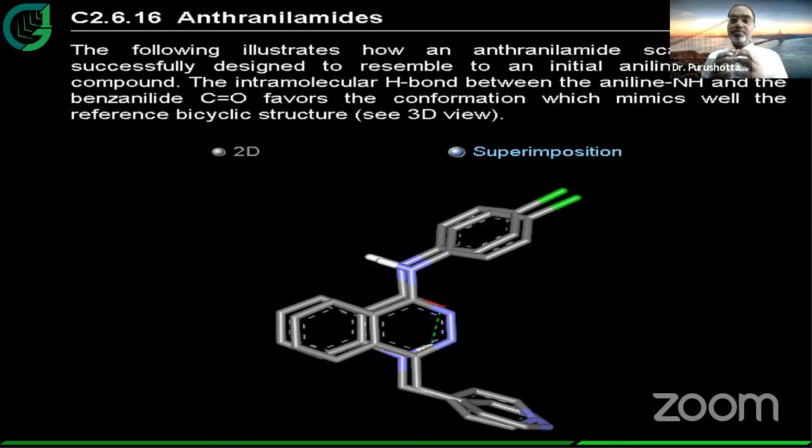Then when you are replacing one bicyclic ring with a completely different scaffold, you are gaining the advantage of discovering a new pharmacophore. Here what is happening is, the earlier pharmacophore was anilinothalazine only, but now we have achieved one more, the anthra-anilamide pharmacophore.